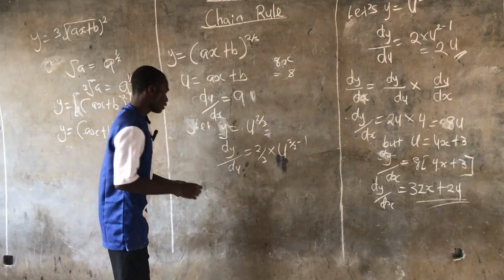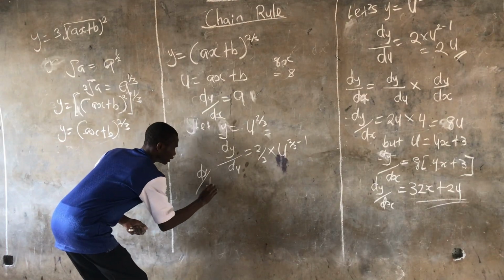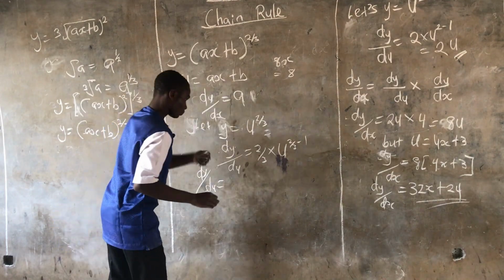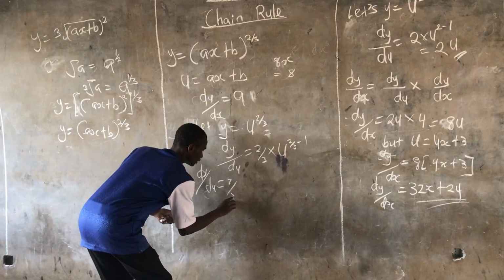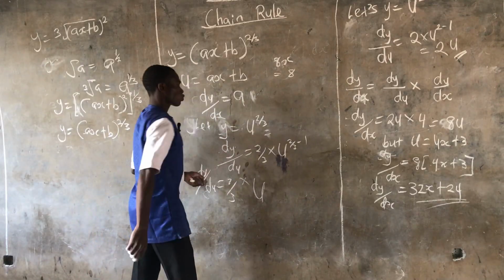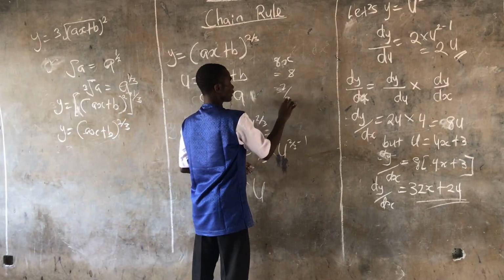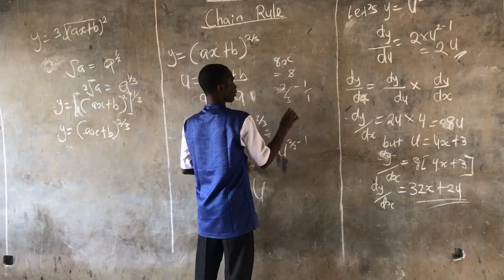So now our dy over du is equal to 2 over 3 times u raised to the power 2 over 3 minus 1.